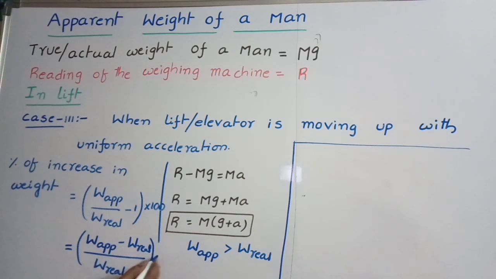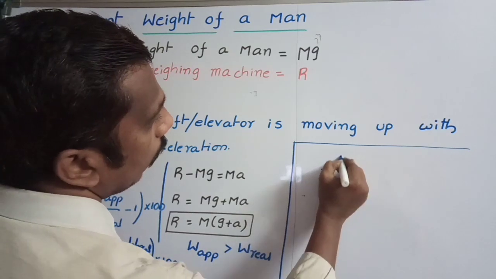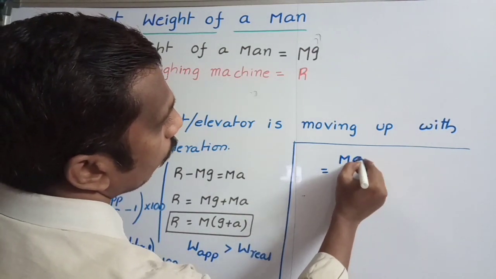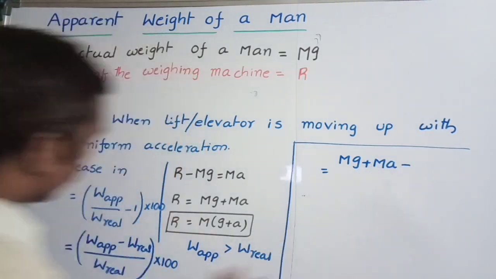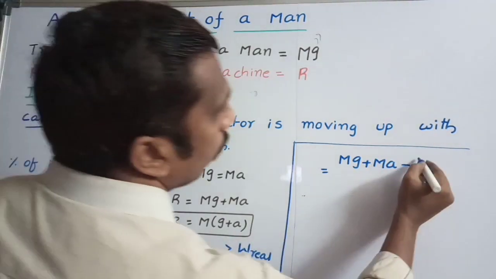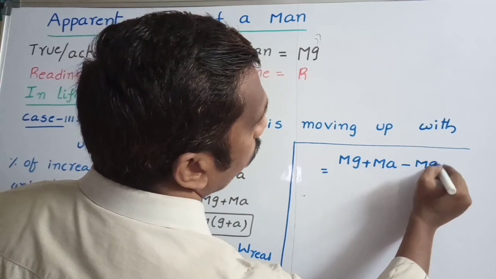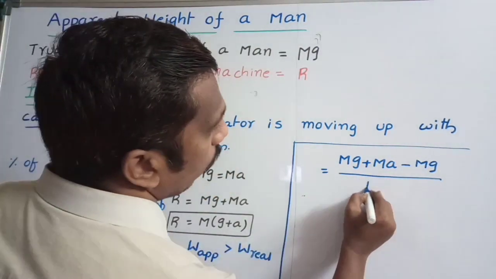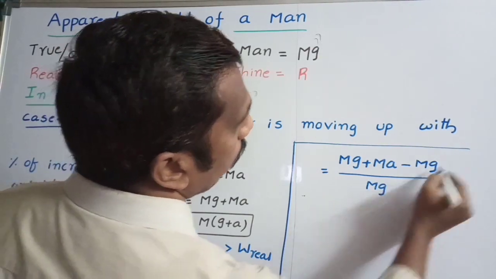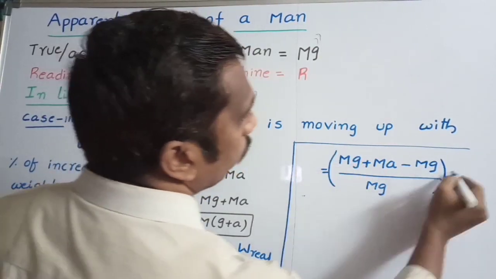We know W apparent means nothing but the reading given by the machine, that is mg plus ma, minus the real weight mg, divided by the real weight mg, into 100.